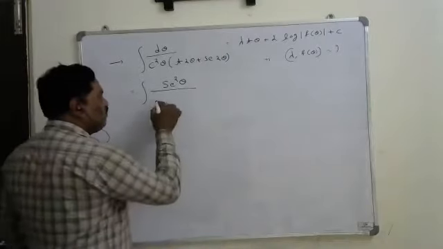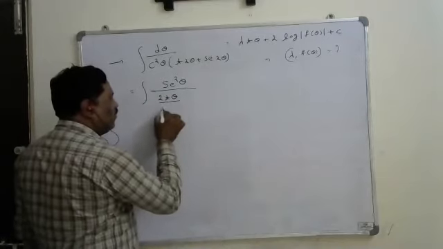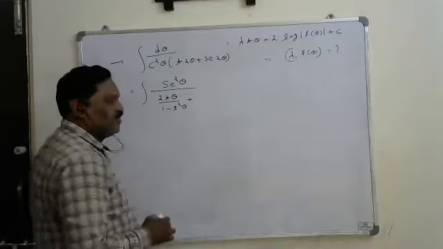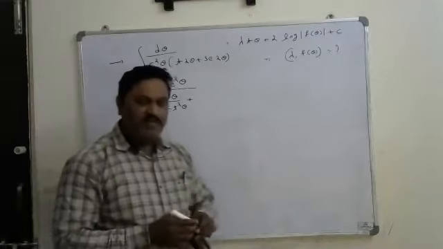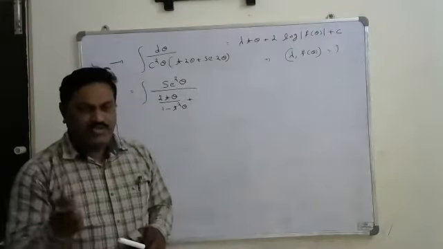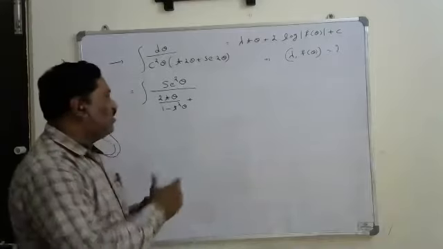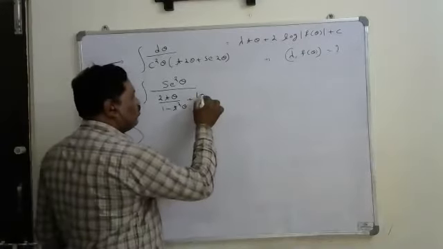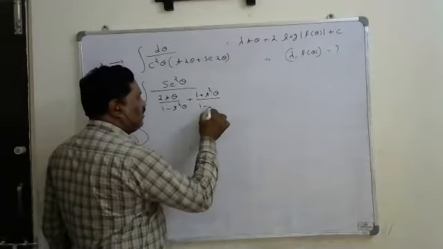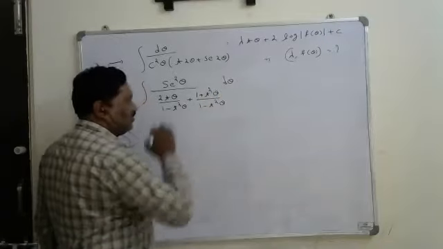For that, we know the formula for tan 2 theta: 2 tan theta upon 1 minus tan square theta. We also know the formula for cos 2 theta in terms of tan: 1 minus tan square theta upon 1 plus tan square theta. So secant 2 theta becomes the reciprocal of it: 1 plus tan square theta upon 1 minus tan square theta.